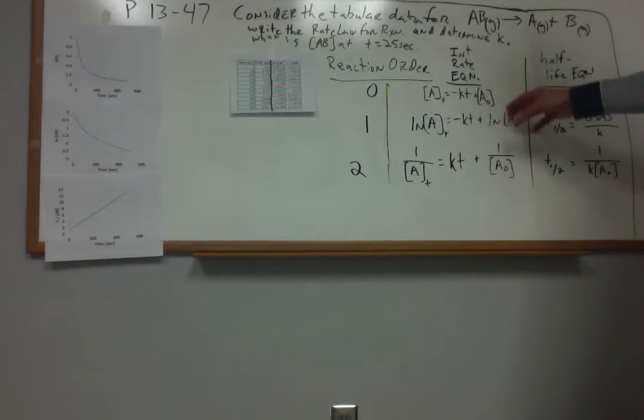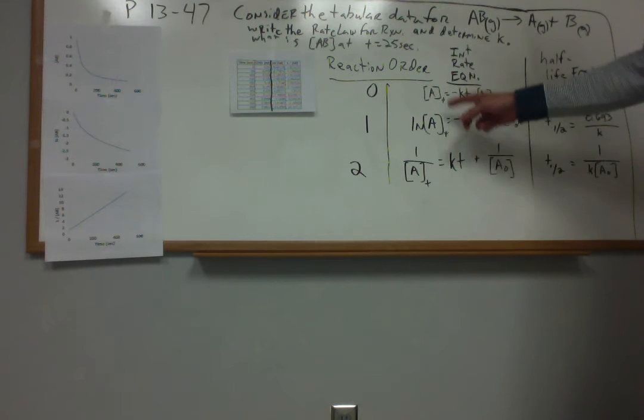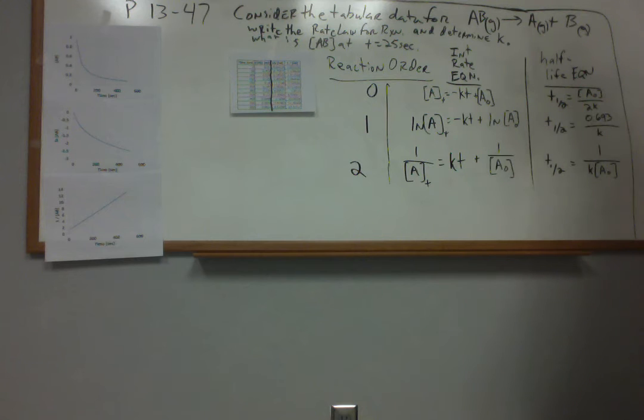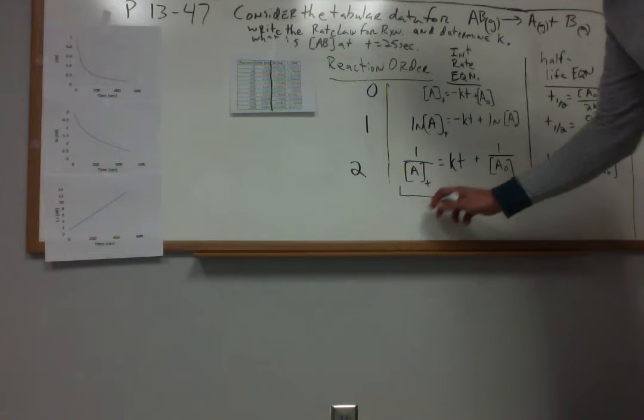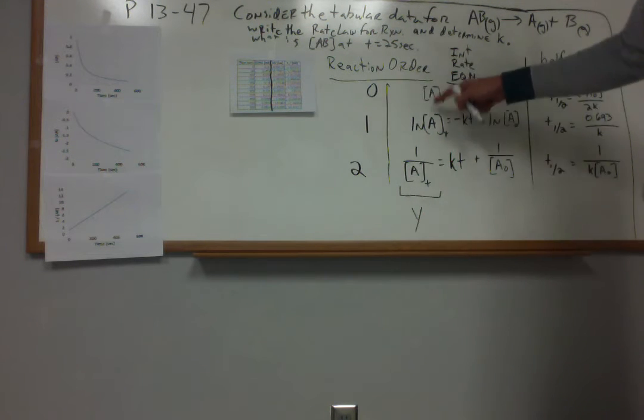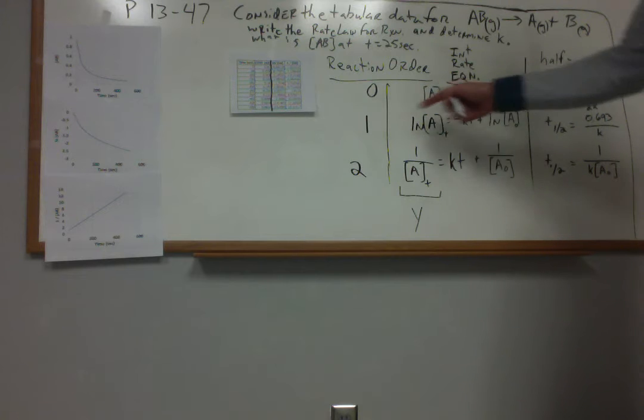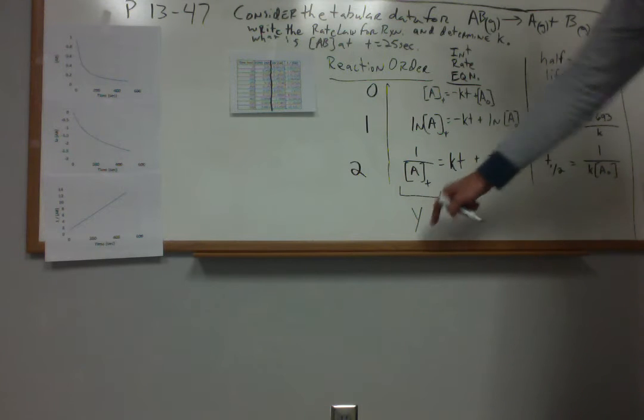Now, the reason why I've written these up on the board is to stress that each one of these integrated rate law equations is written in terms of a y equals mx plus b line. Okay? In each case, what's written to the left of the equal sign is our y variable.